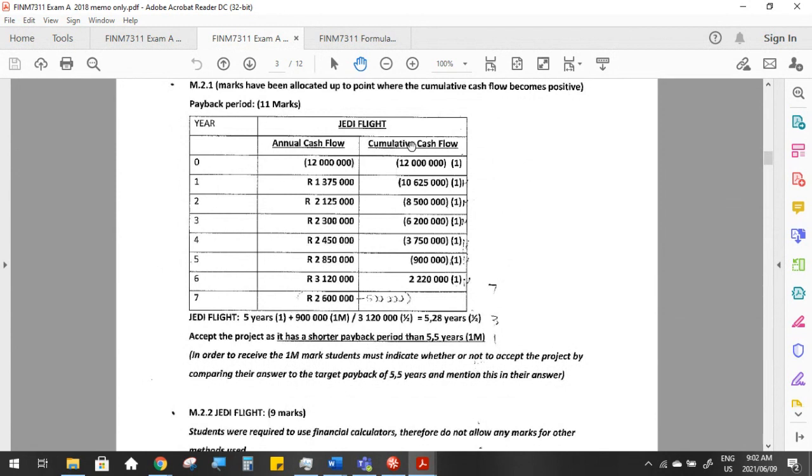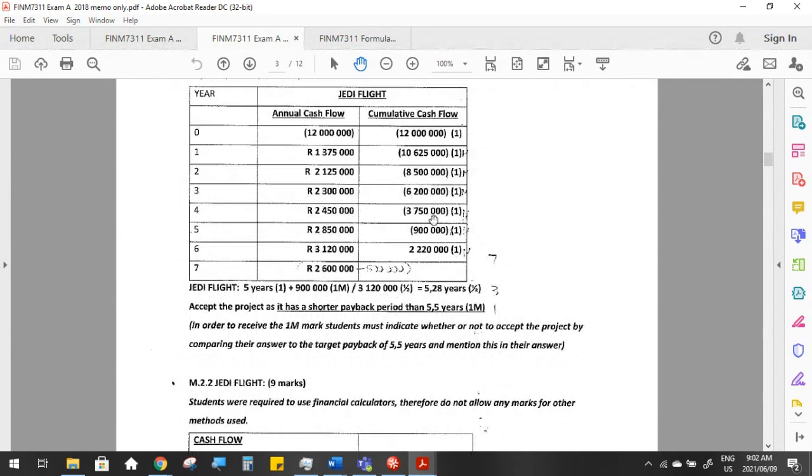So you work out your cumulative cash flow, in other words, 12,000 out, then we reduce our outflow by all the inflows as they go down. For payback, you only need to calculate the cumulative cash flow down as far as when you've got your first positive cash flow, because this is the part that we need to calculate payback.